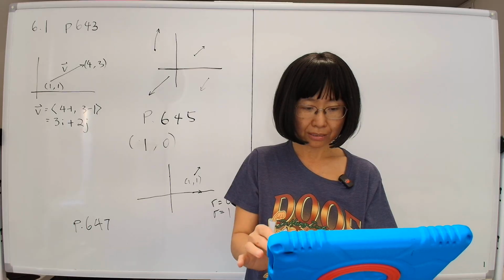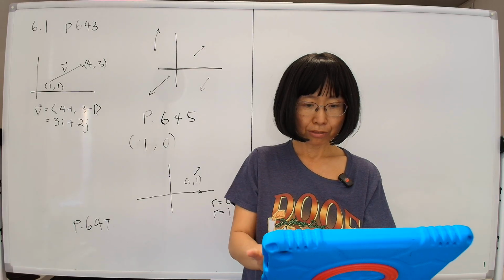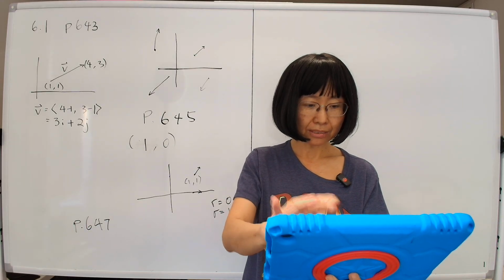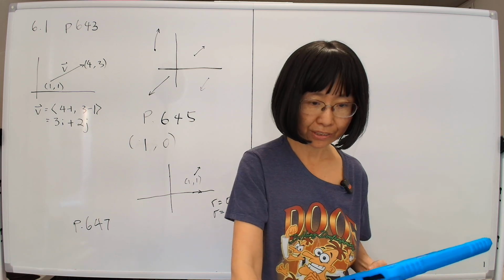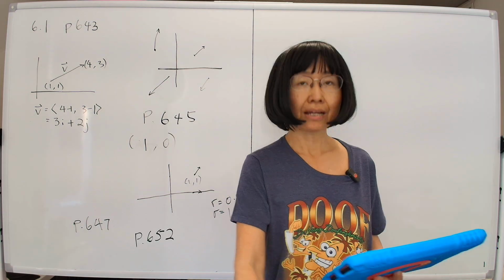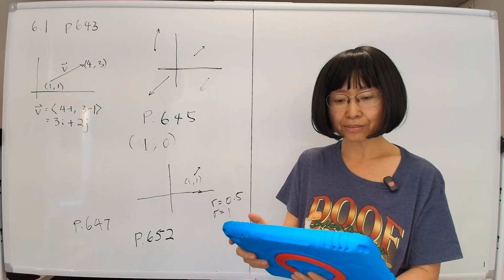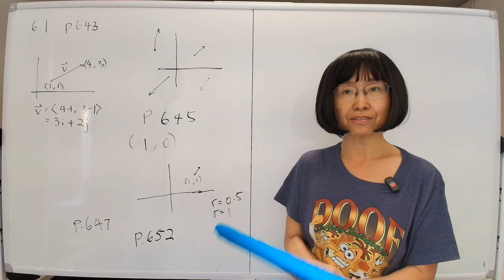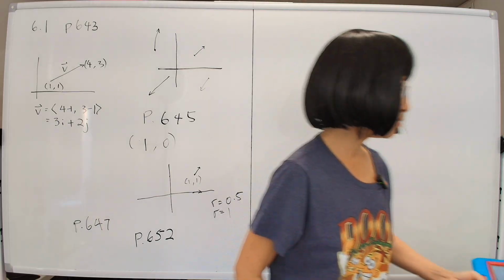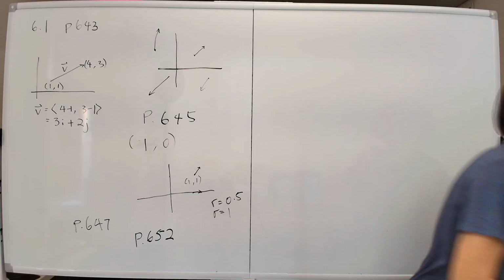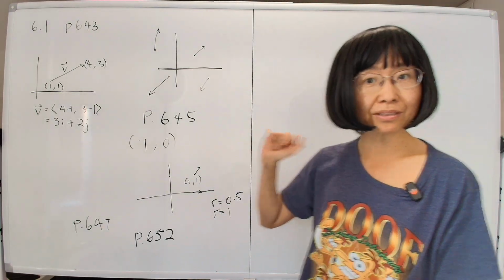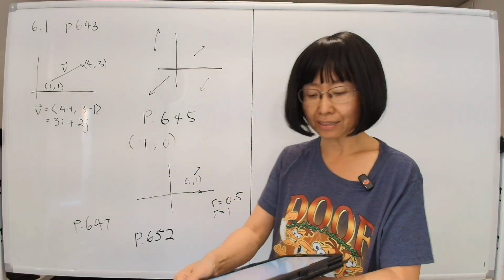And then next, let's look at vector fields in 3 dimensions. Now let's look at page 652, where we have example 6.7, sketching a vector field in 3 dimensions. Doing things in 3 dimensions is just one more variable than 2 dimensions, but everything else goes exactly the same.